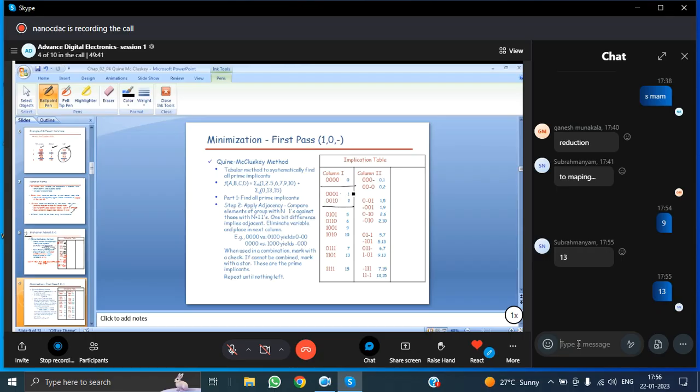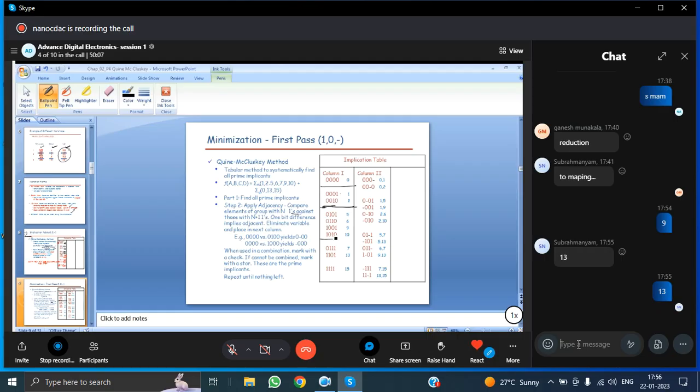Okay, so all zeros should be there and only one should be there. That only single one, I have made one group. Okay, so in step 2, apply adjacency. Compare the elements of group n ones against those with n plus 1 ones. Okay, so one bit difference, I have taken the single ones.